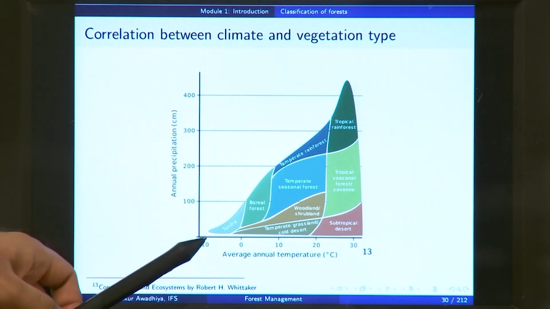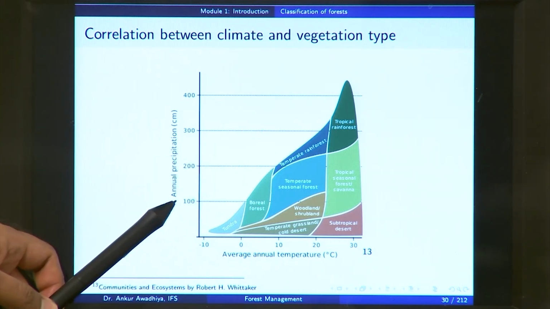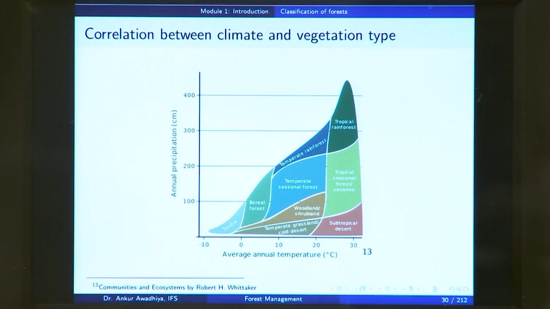Whereas, if you look at areas that have very little rainfall and very low temperature, we will find a tundra type of vegetation. Now, tundra vegetation is typically found in areas that are mostly snow covered. The temperature is so low that the amount of metabolic activity is very low. These areas, which are near the poles, also have very little sunshine, because of which less energy is available to the plants to put up their growth.